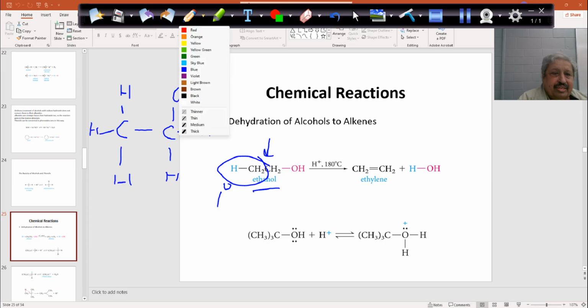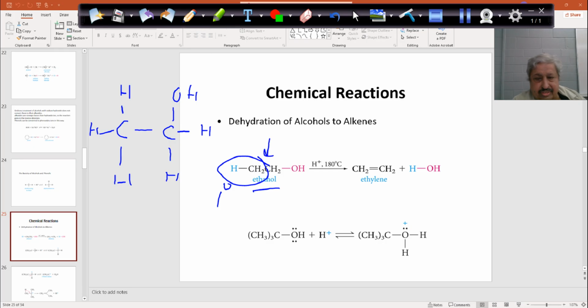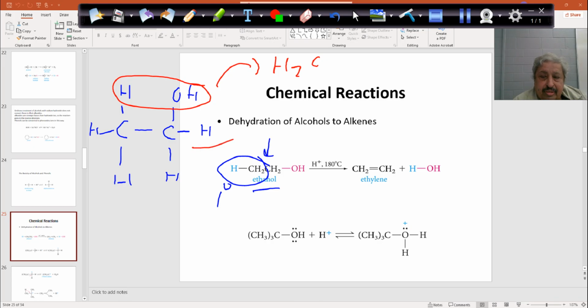So what happens is dehydration in the presence of a catalyst and an acidic medium: you can pull this one out as H2O. When you pull this one out, the carbon will be three-bonded, but carbon has to be four-bonded.